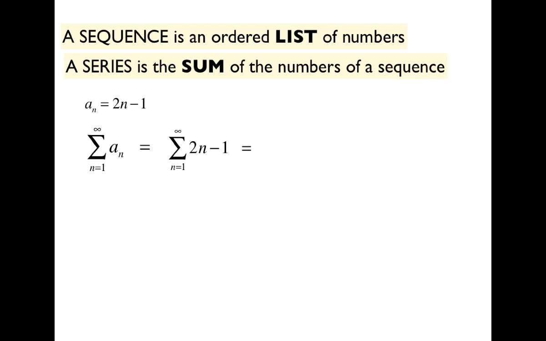When you see that, write out literally what it means. It means you let n equals 1, and you get the first term of the sequence. Then you let n equals 2, and you get the second term. And then n equals 3, and you get the third term. And then it's indicating to add them all up.